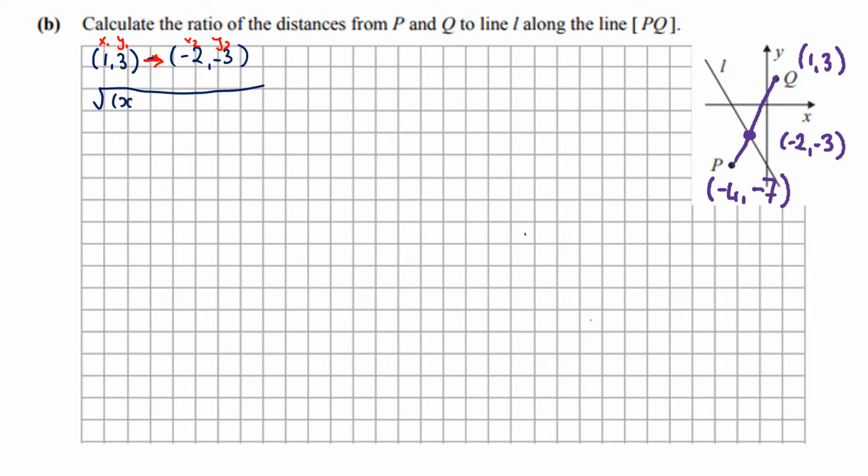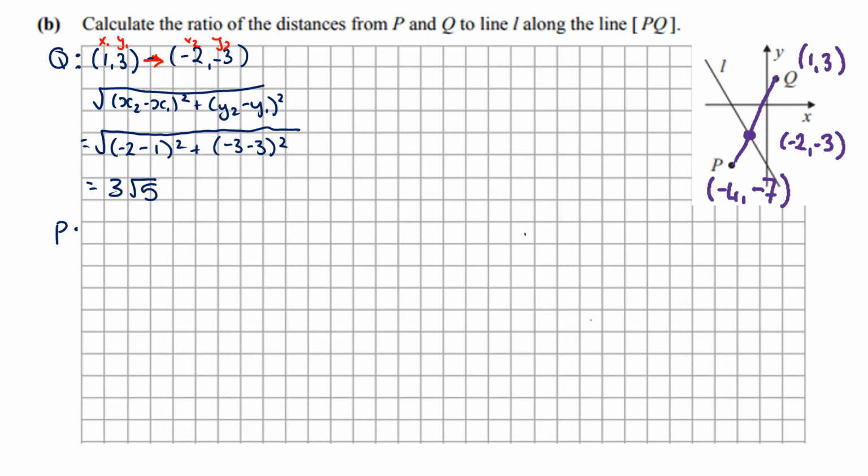Okay, so it's the square root of x2 minus x1 squared plus y2 minus y1 squared. So for this, minus 2 minus 1 squared plus minus 3 minus 3 squared. And what we end up with here is 3 root 5. So that's the point Q.